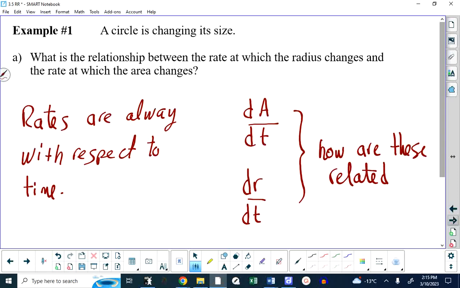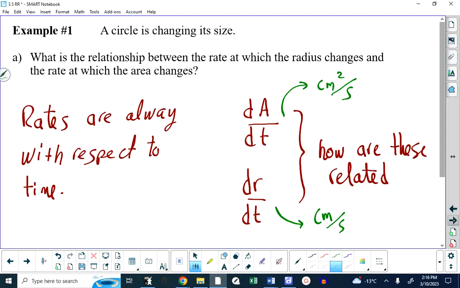So this dA/dt is going to be a number of square centimeters per second if the area is measured in centimeters, right? And this is going to be a number of centimeters per second because, presumably if the area is measured in square centimeters, you want to be consistent and measure the radius in centimeters.